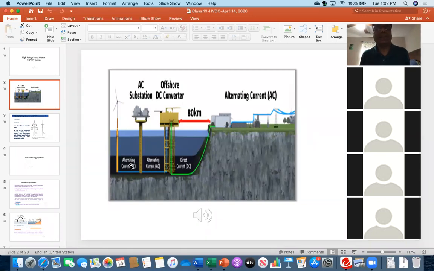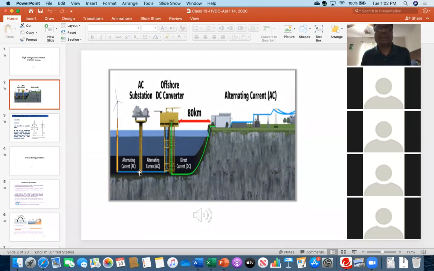But in between, right after that wind generator, there is an AC substation. In the AC substation, there are transformers that increase the voltage produced with the help of the wind generator.